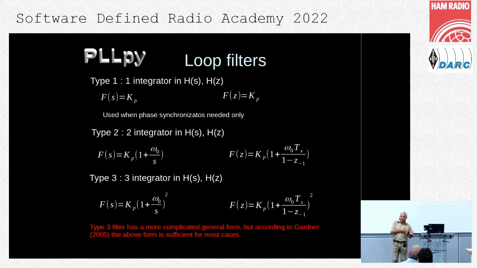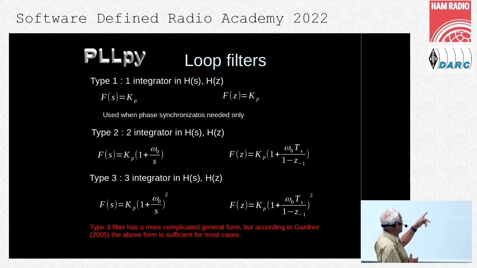And because the open loop transfer function contains the integrator in the NCO, in the loop filter you have one less integrator. That's why in type 1 PLLs, you have no integrators. In type 2, it's one integrator, and in type 3, it's two integrators.